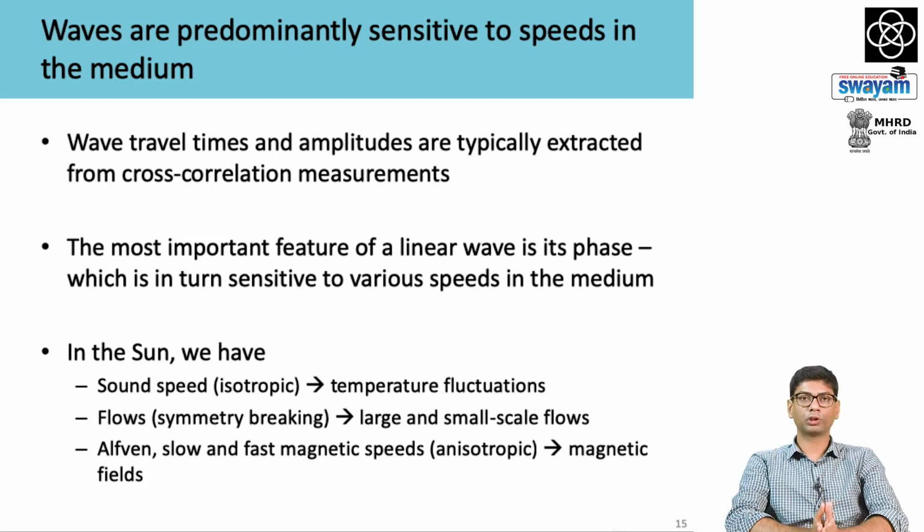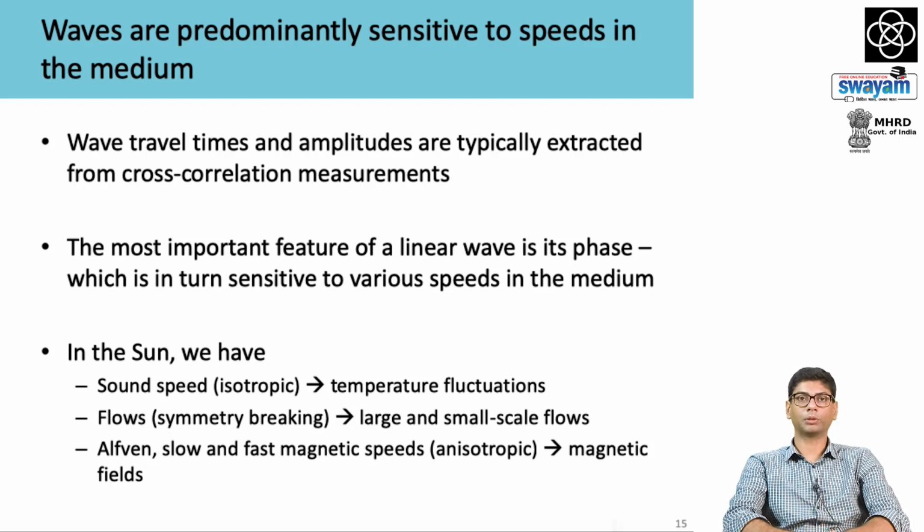The third and most complicated measurement is that of magnetic fields. These change the speed of the wave depending on the direction in which the wave is propagating, and they have a very complicated tensor nature which essentially splits waves into Alfvén, slow and fast magnetic waves.